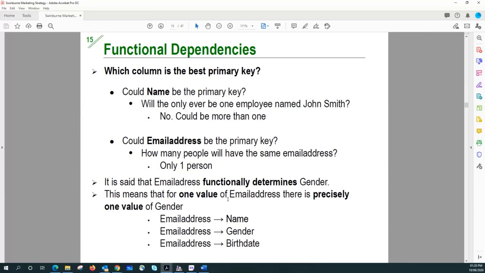So in this scenario, email address can be taken as a primary key or determinant, which determines the values of the other attributes, right? So we can say email address determines the value of the name, email address determines the value of gender, email address determines the value of the birth date.